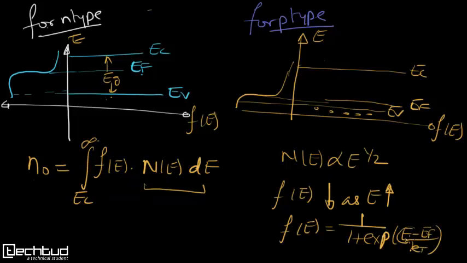You can see that as E increases, this term will go towards 0, so Fe will go towards 0. So Fe into Ne will go towards 0, because it is exponentially decreasing. This value will go to 0 very quickly.